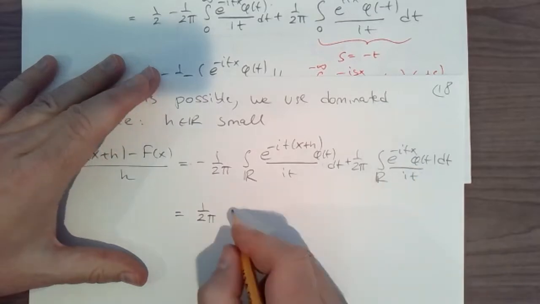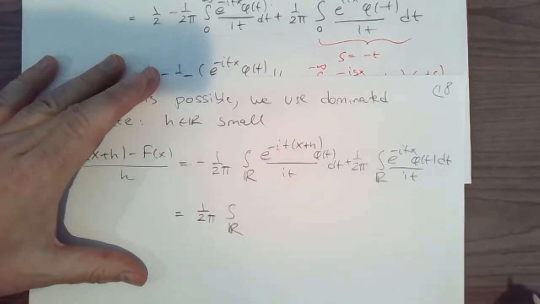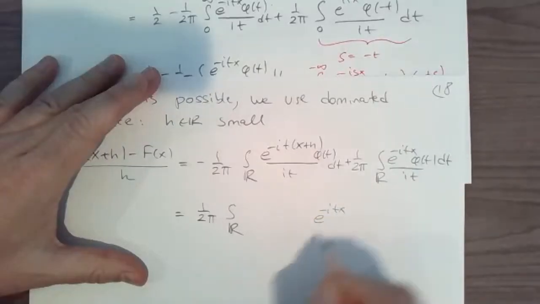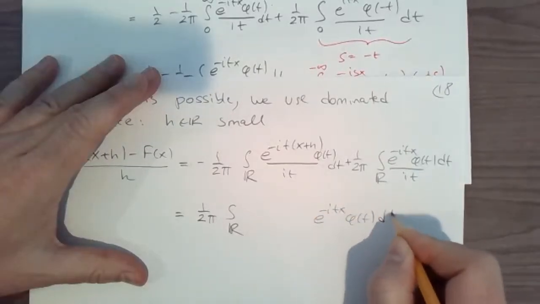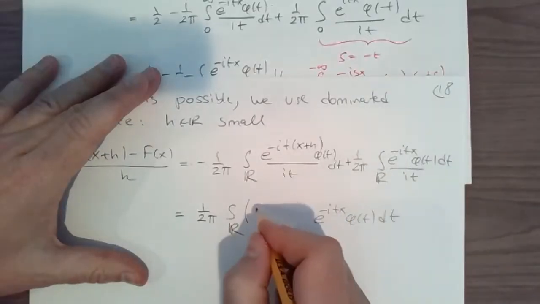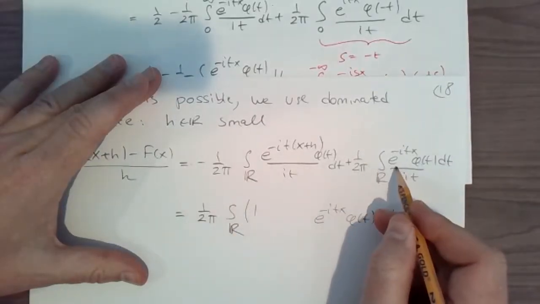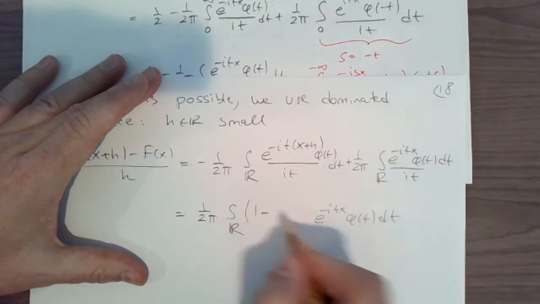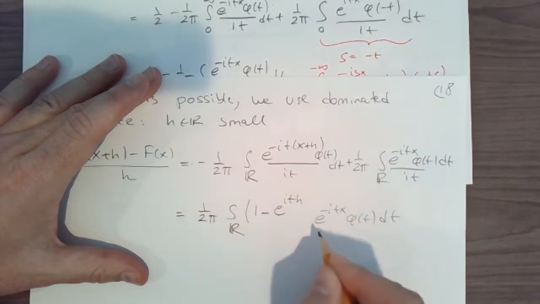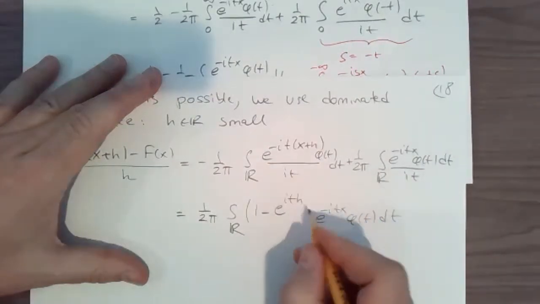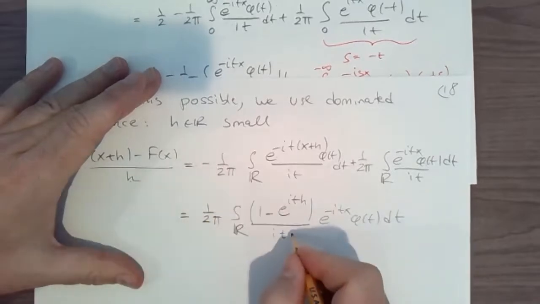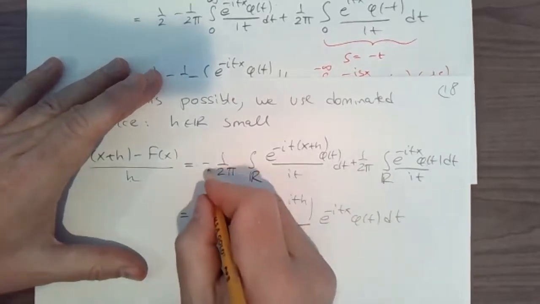And then you will have an integral over R. And then let's put e to the minus itx outside, phi(t) dt. And then inside here there'll be a 1 from this one, minus, and then what we have from here will be e to the ith, and then we will divide by it times h. So we're missing an h here.